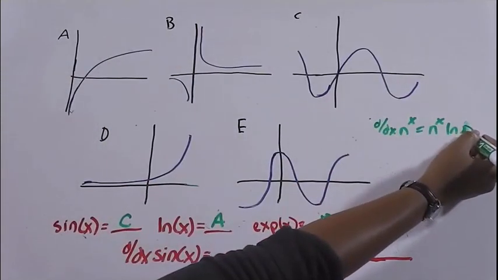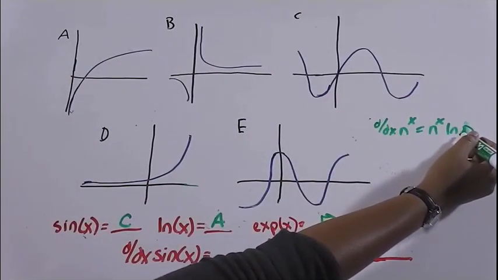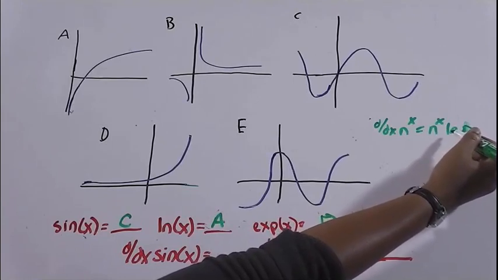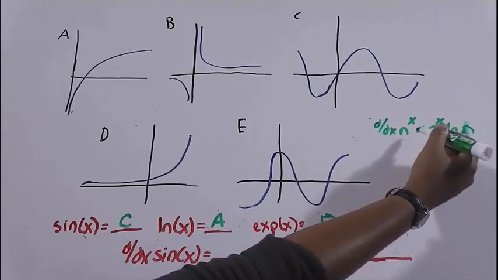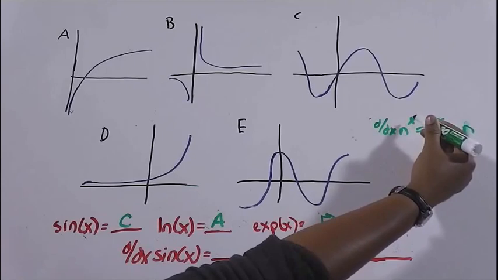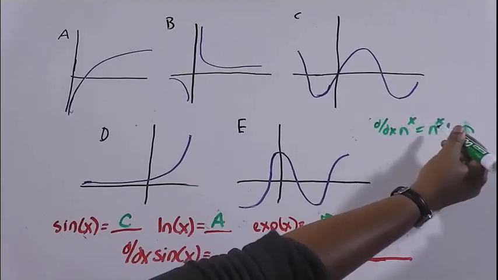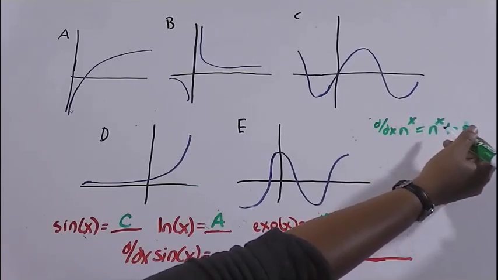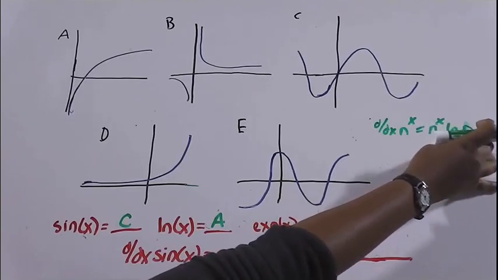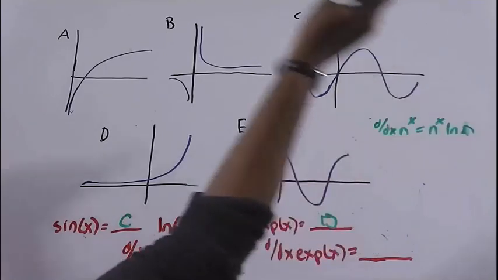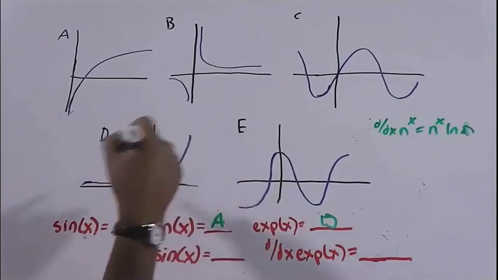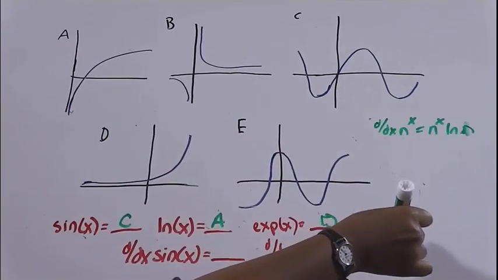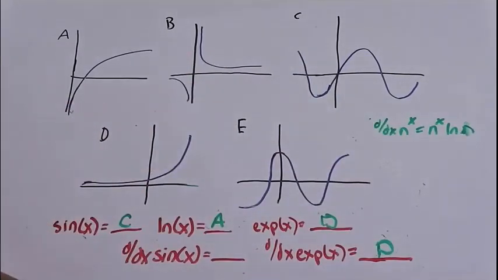And the natural log of that number is just a constant. So essentially, the graph of the derivative of an exponential function is the same graph as the exponential function, just transformed a little because it's multiplied by a constant. So it's safe to say that this is actually going to be the same graph as the exponential function.